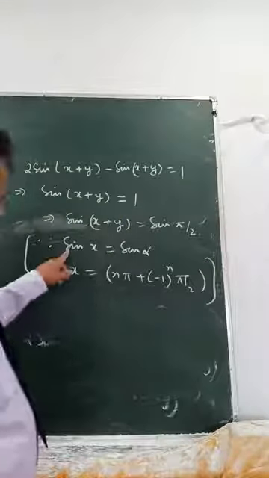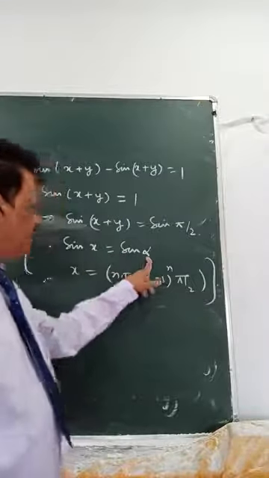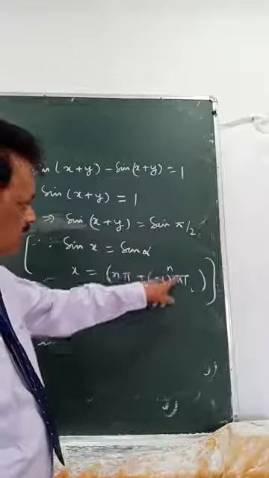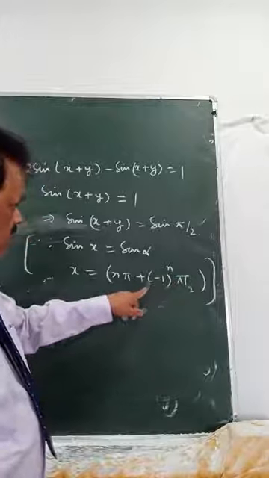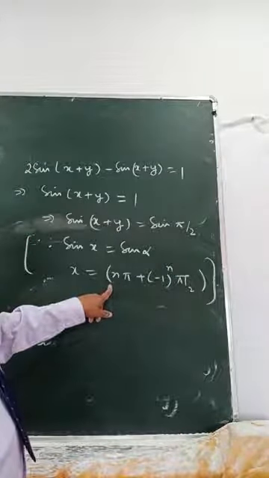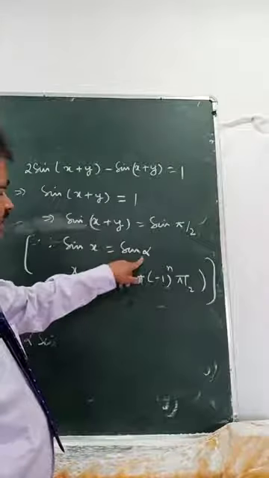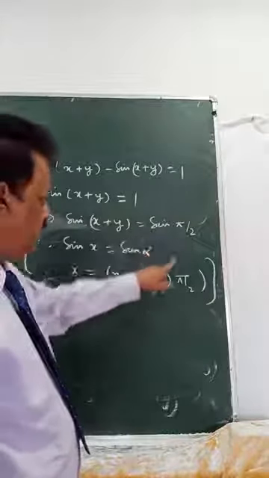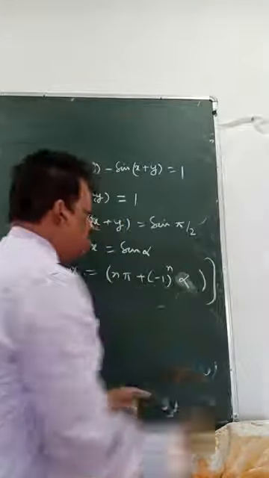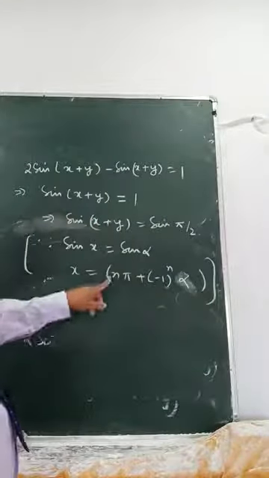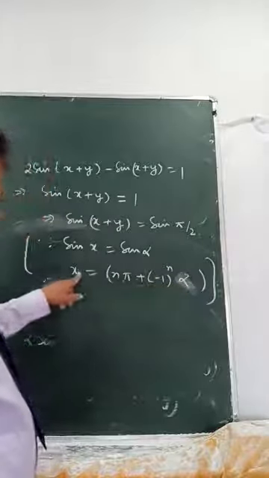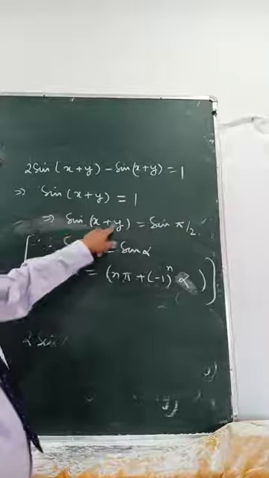Once more I am repeating: sin x equals sin alpha, x equals n pi plus minus 1 to the power n alpha. What is alpha here? Pi by 2. So in place of x, you have got x plus y.